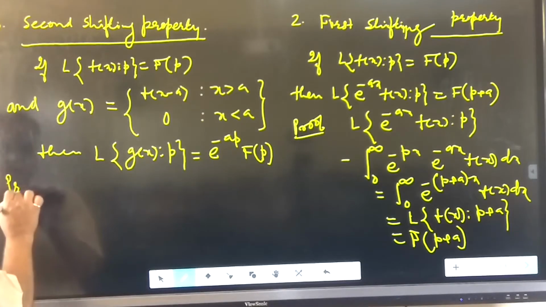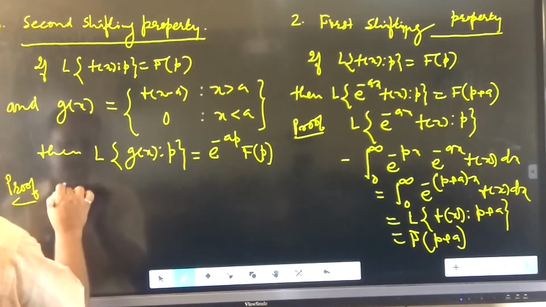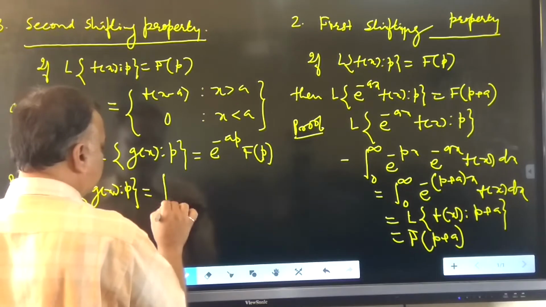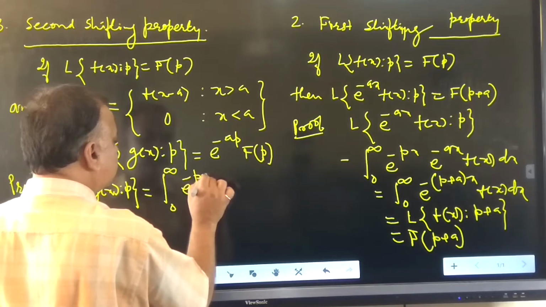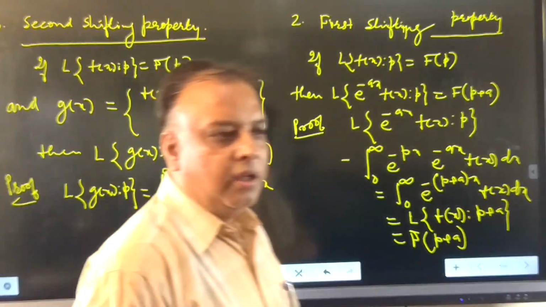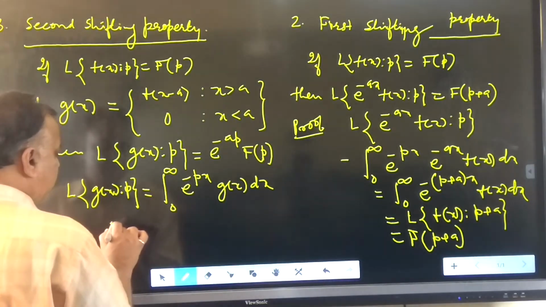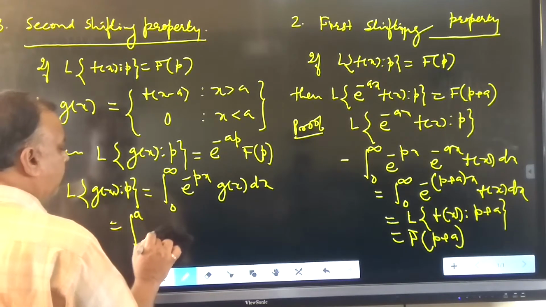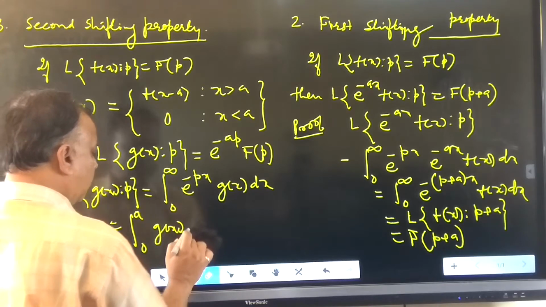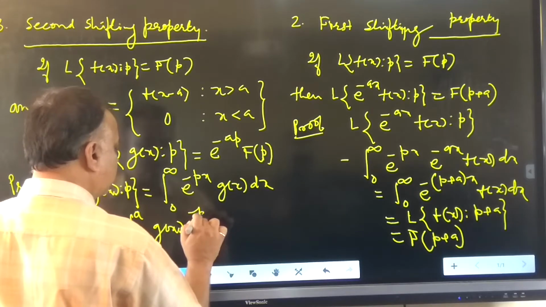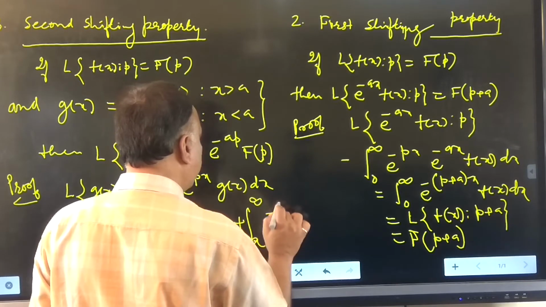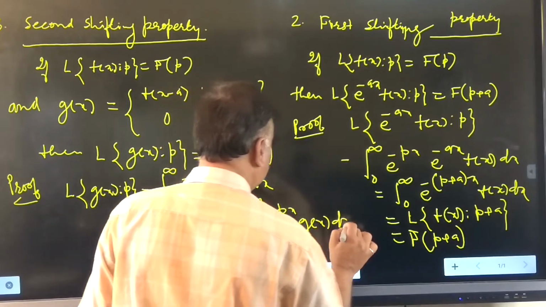We can see the proof of this theorem as we find the Laplace transformation of g(x) with respect to parameter p. By definition, this is equal to the integral from 0 to infinity of e raised to minus px g(x) dx. Since g(x) is defined in different intervals, we can break this into the integral from 0 to a of e raised to minus px g(x) dx plus the integral from a to infinity of e raised to minus px g(x) dx.